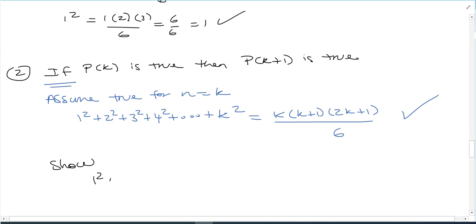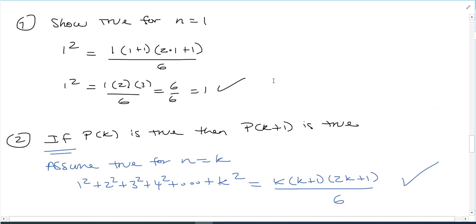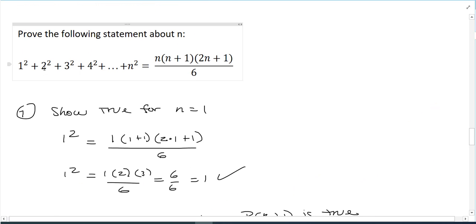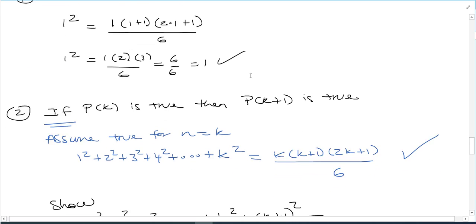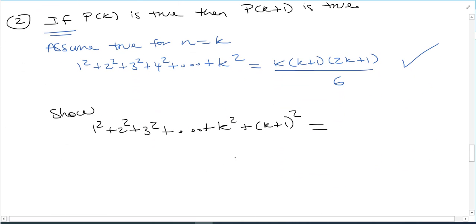So we want to show that 1 squared plus 2 squared plus 3 squared plus dot dot dot, I always write the k term, and then the k plus 1 term, is equal to the statement about n with every n replaced by k plus 1. So this is going to be k plus 1, times k plus 1 plus 1, times 2 times k plus 1 plus 1, over 6. Let's make sure we can see it.